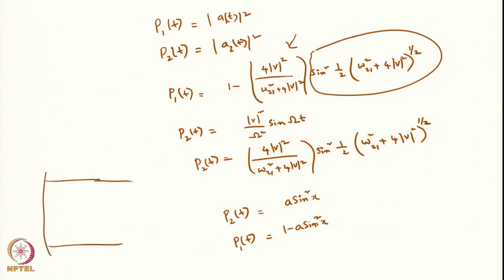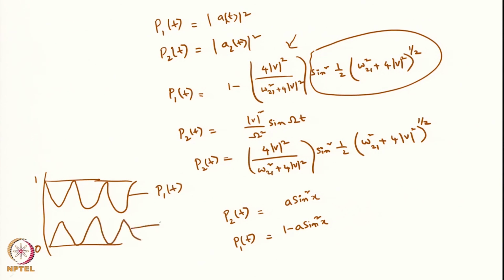At time t equal to 0, let us say this is 0 and this is 1, that is the population. Now, if I take population, then my A1 will go down like that. So, this is P1 of t, and A2 will go like this. So, this is P2 of t, such that P1 of t plus P2 of t is equal to 1. These oscillations of states 1 and 2 are called Rabi oscillations.